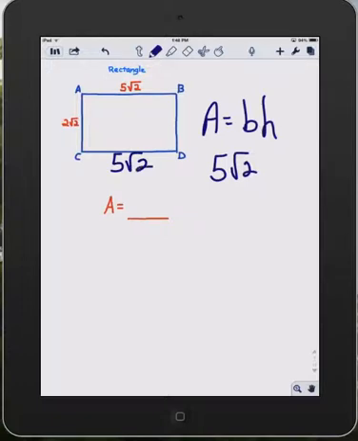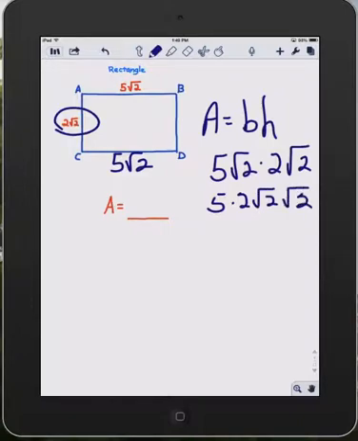And the height has to be perpendicular to that, so that's 2 times square root of 2. And we carry out that multiplication. 5 times 2 times square root of 2 times square root of 2, if I rearrange everything. 5 times 2 is 10, square root of 2 times square root of 2 equals 2, and 10 times 2 equals 20. So we have that answer.